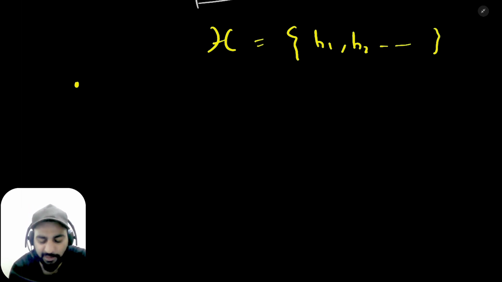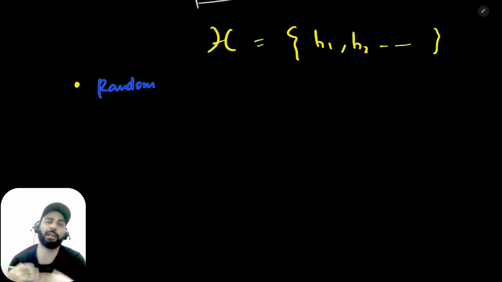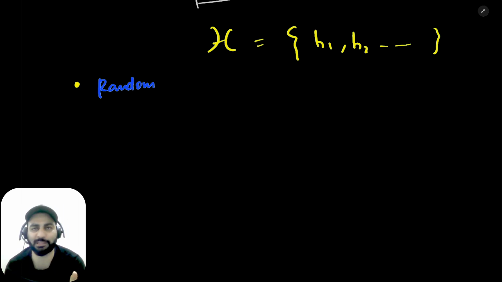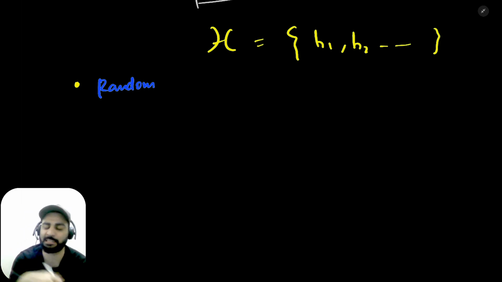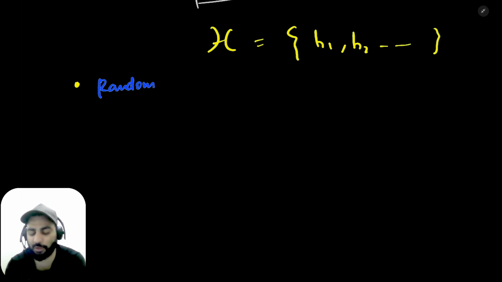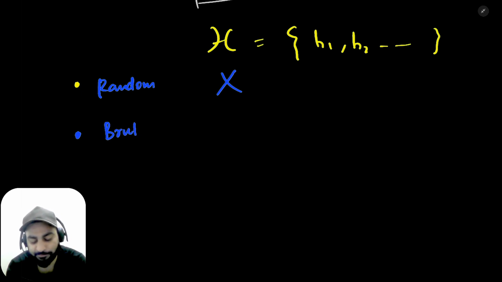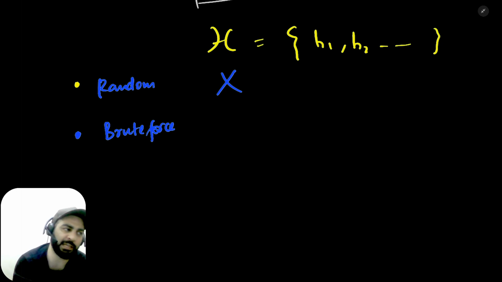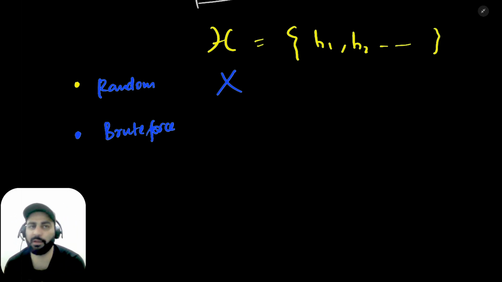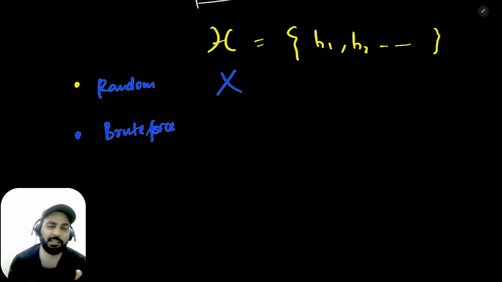The first choice, I'm saying, is random. If you take a function at random from the hypothesis class and give it the data, it will spit out some random output, and this won't solve our problem. The second thing is you can do brute force. You can take the first function and check all the inputs to see how it is classifying, how many data points it correctly classifies, and then take the second function and do the same, and so on.